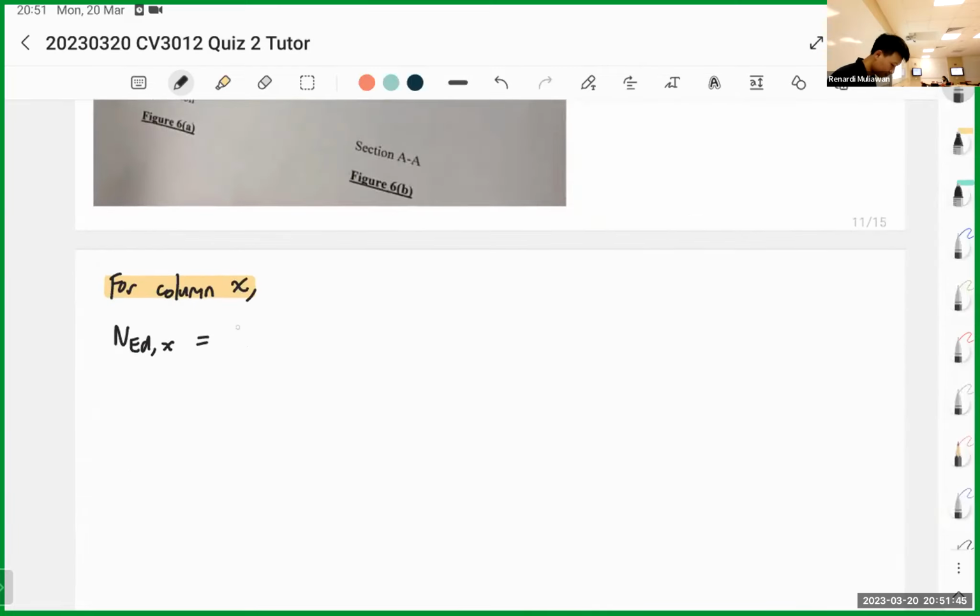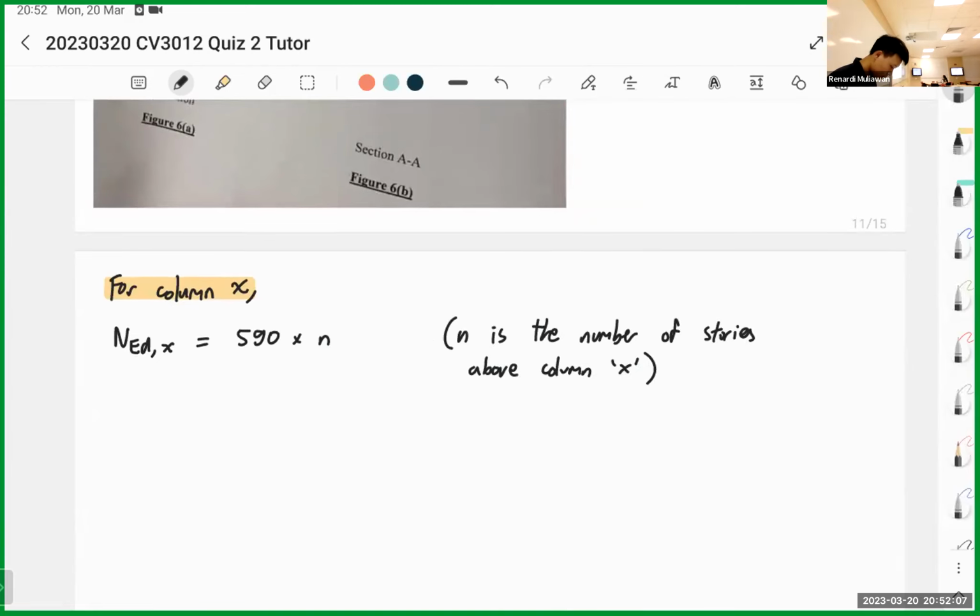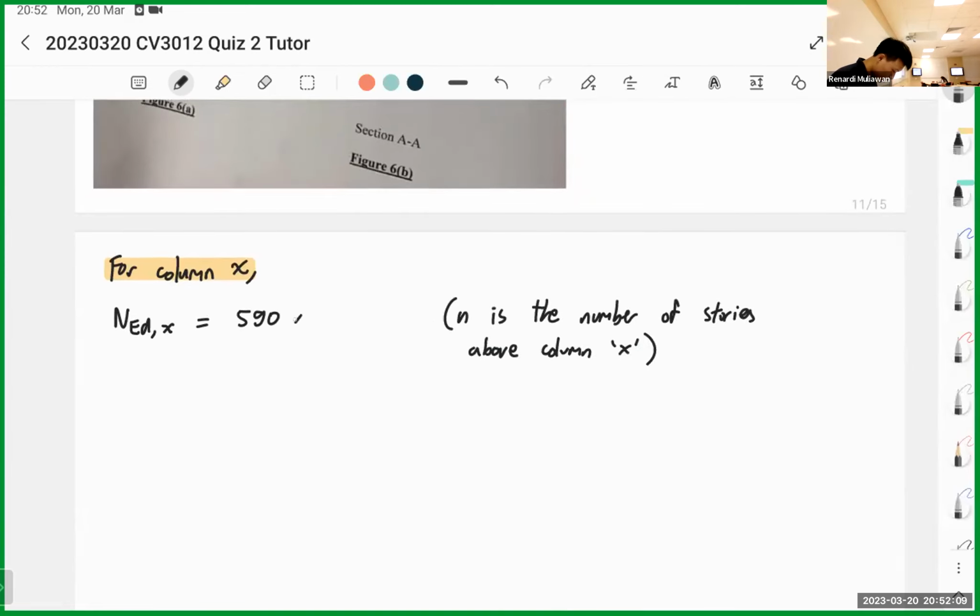So 590 multiplied by, let's say, N, where N is the number of stories above column X. So 590 multiplied by N.